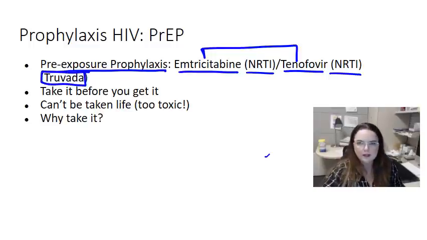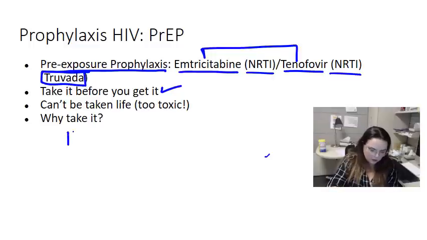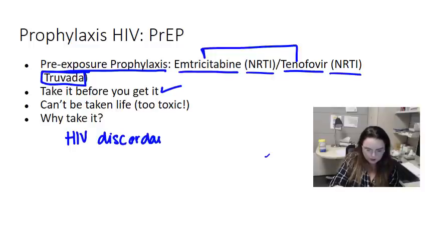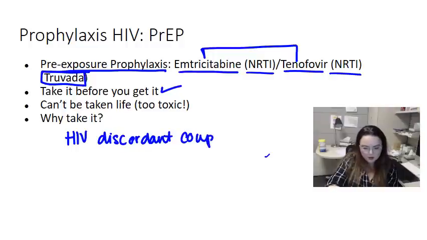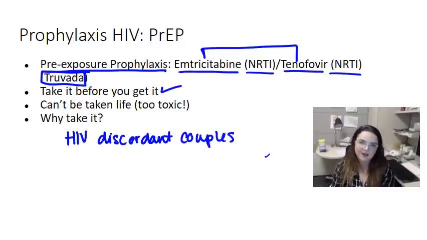So who winds up getting this? Well, the whole thought behind it is to take it before you get it, okay? So this was pretty much used in HIV discordant couples. So one member of the couple has HIV and the other does not. So the patient who does not have HIV takes PrEP. Hopefully the patient who does have HIV is on antiretroviral therapy.